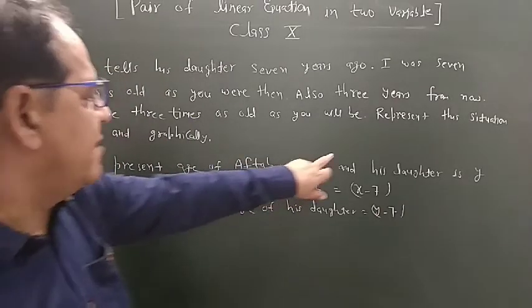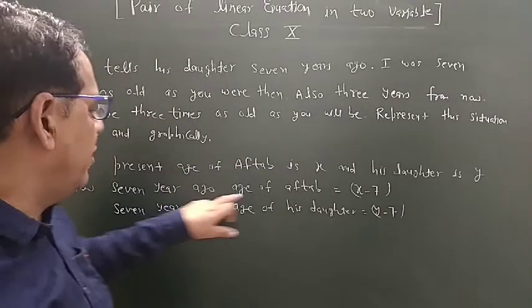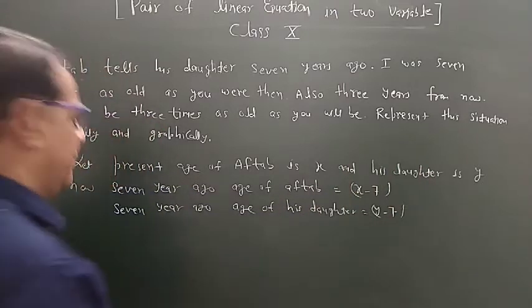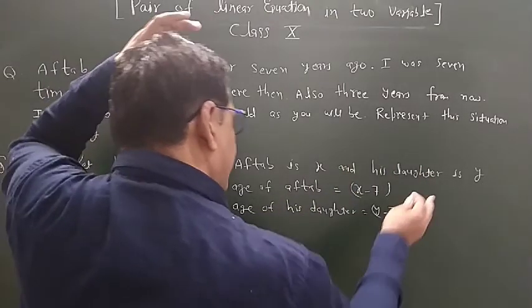Because the present age is x, 7 years ago the age of Aftab is x minus 7 and the age of his daughter is y minus 7.